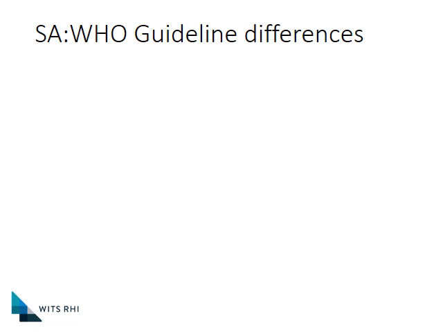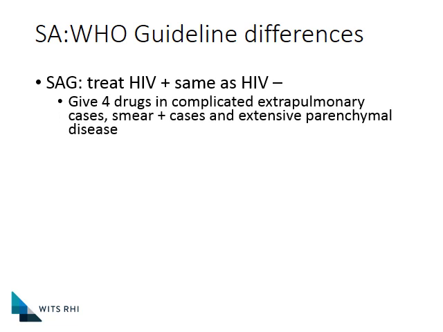We also want to note an important difference between the South African and WHO guidelines regarding TB treatment and HIV. So in the South African guidelines, we use exactly the same chart whether the child is HIV positive or whether the child is HIV negative. So if you've got a complicated case, complicated extrapulmonary TB, or you've got smear positive cases, then you're going to use your 4 drugs in your intensive phase.